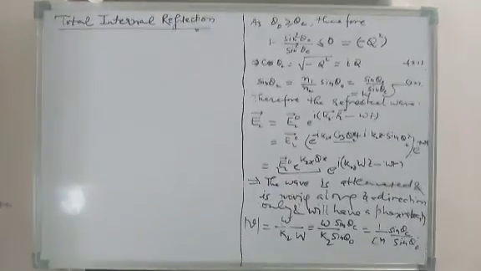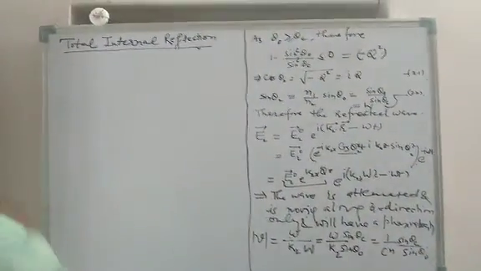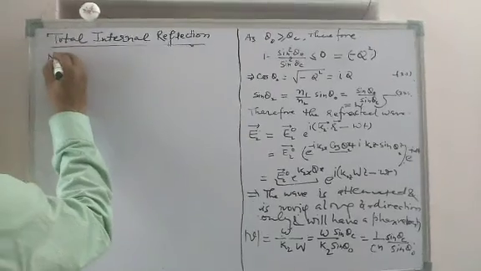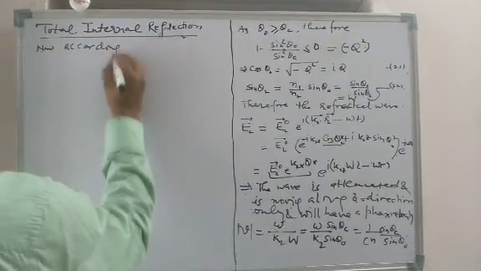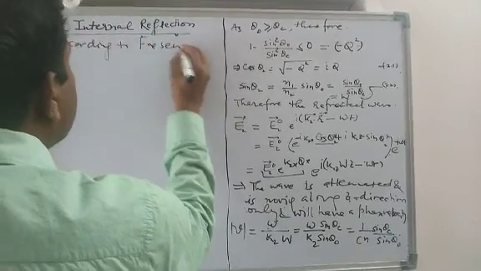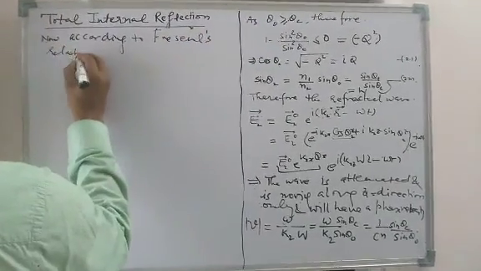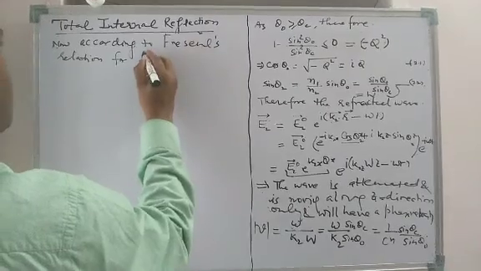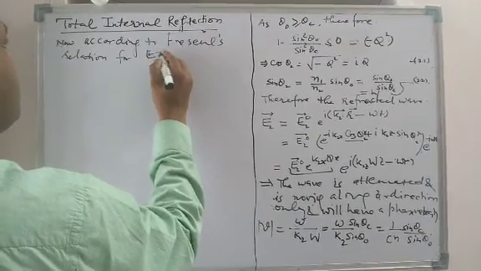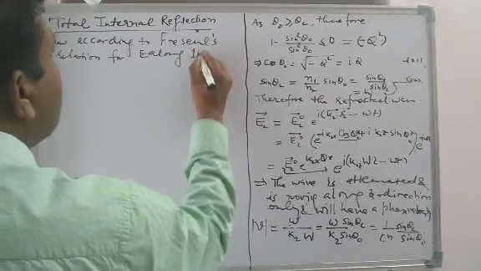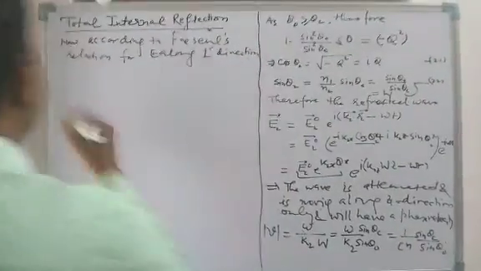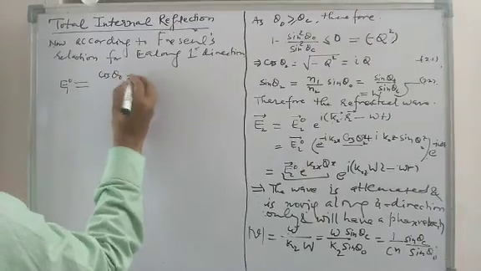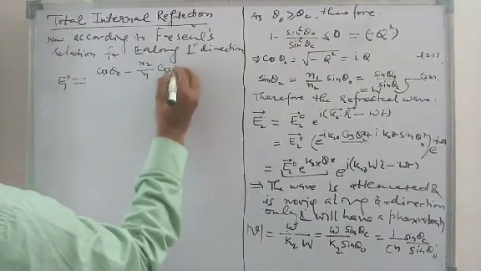Okay, so for that, according to Fresnel's relation, for electric E along perpendicular direction, what we had was this: E1 naught was cos theta 0 minus n2 upon n1 cos theta 2.